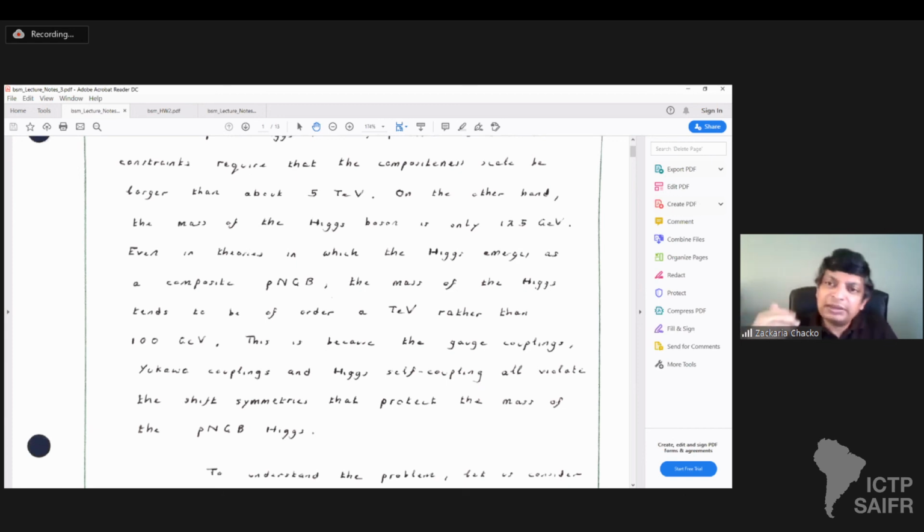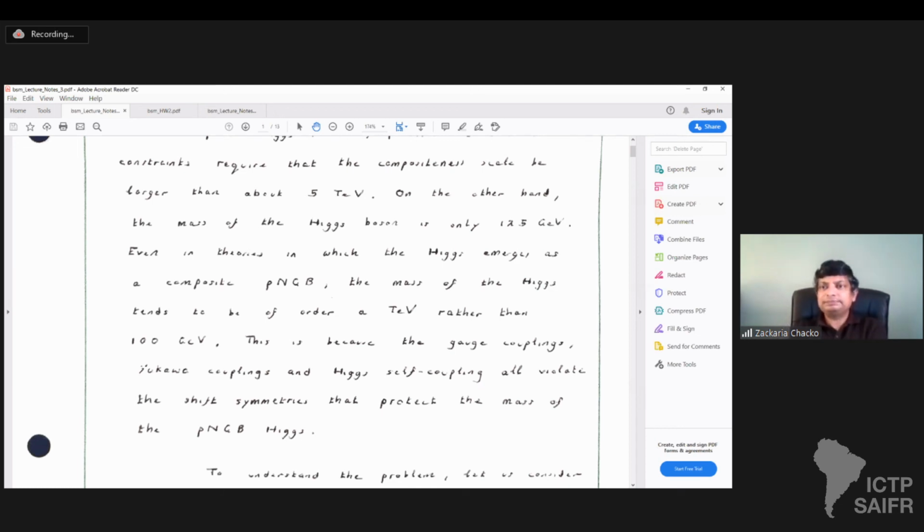Any realistic composite Higgs model that people build today involves collective symmetry breaking, because otherwise it's just too fine-tuned. So there'll always be something like collective symmetry breaking, or something else I'm going to show you called the twin Higgs mechanism. There'll always be some way to reduce the Higgs mass from a TeV to something closer to 100 GeV. And so that's what we're going to talk about starting in the next class.